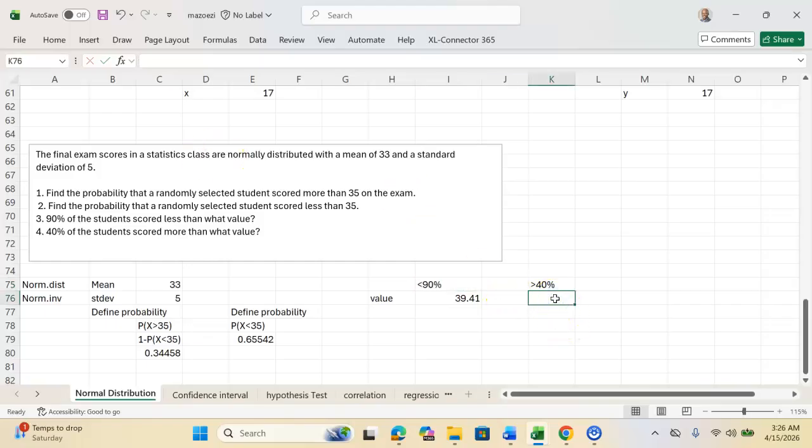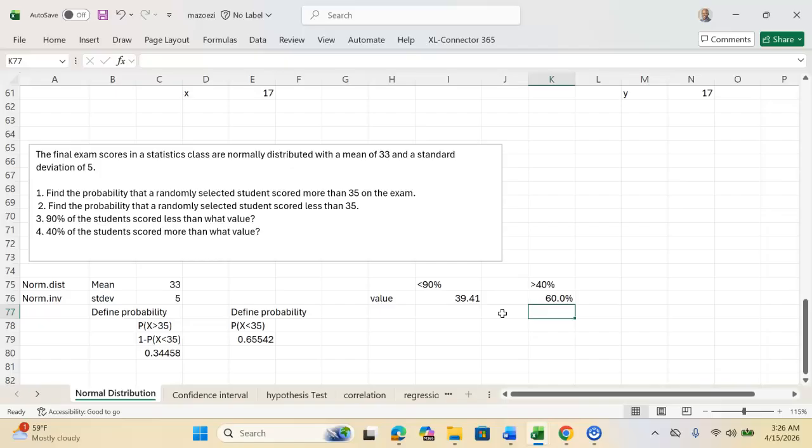When we are looking at greater than 40%, it means we are looking to the right, so let's look at the other side, to the left. We can take 1 minus 40%, so values to the left side will give us 60%.